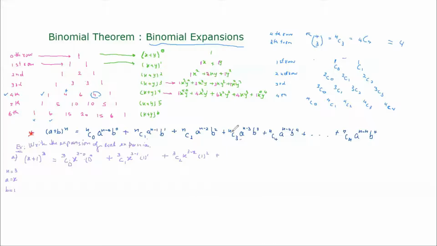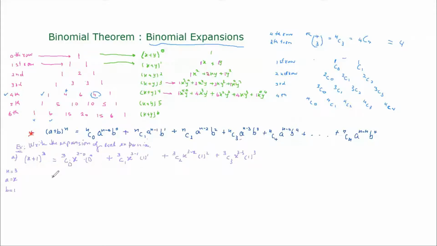Plus this one, n is 3, so 3C3. a is x power 3 minus 3. b is 1 power 3. Now, can we go on? Because when you say 3C3, that's already n, so it already expands to the power 3. You observe we have 4 terms: if power 3, must have 4 terms. 1, 2, 3, 4. Okay, so now we stop like that.